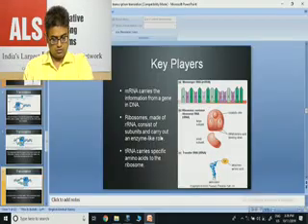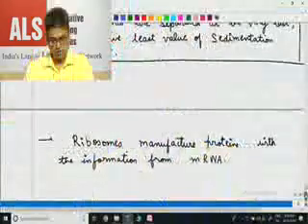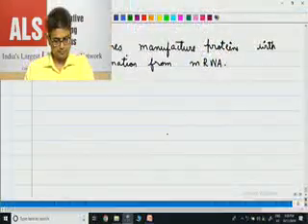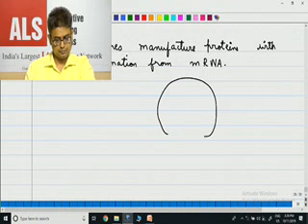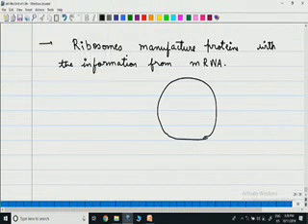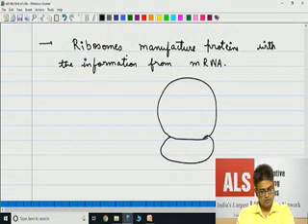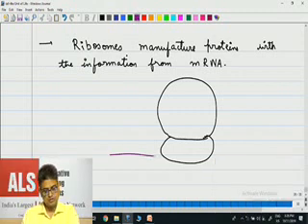So, coming back, you can draw a small diagram regarding protein synthesis. Small subunit is going to read the messenger RNA.